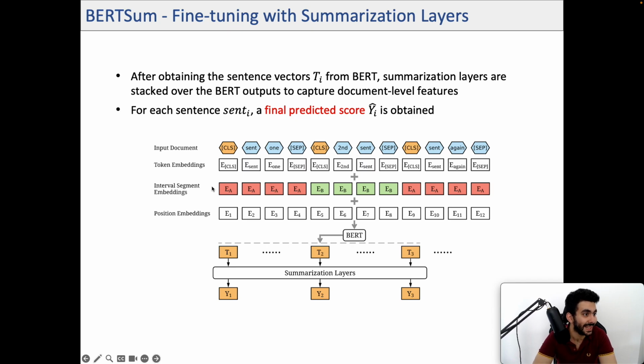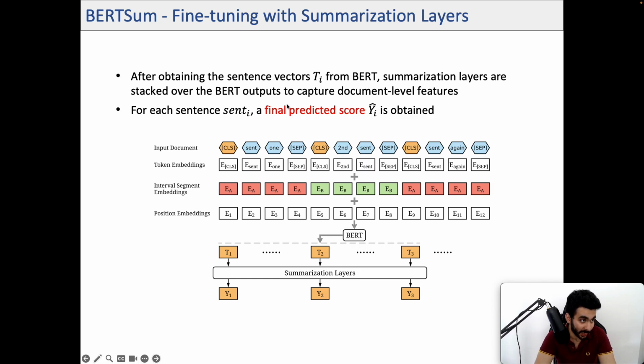So here, after passing the sentences through the slightly modified version of BERT, we get T1 to TM, whereas those are the representations for the sentences that we provided to the BERT embedding.